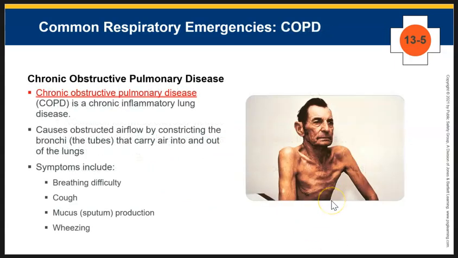Chronic obstructive pulmonary diseases are exactly as described. Chronic meaning long-term, obstructive is self-evident, and pulmonary disease, we have this long-term inflammatory lung disease. A couple of types of these will be chronic bronchitis or emphysema. Symptoms include breathing difficulty, a cough, and excessive mucus production.